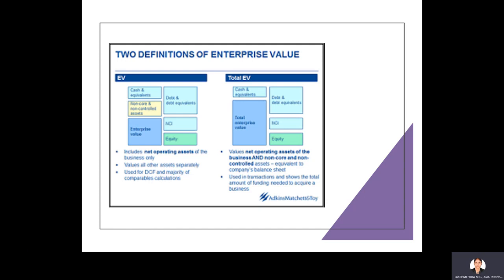And hence, the value of the firm under the three-stage growth model is arrived at by adding the present value of free cash flow during the high growth rate period, the present value of free cash flow during the transition period, and the present value of the terminal value or the present value after the explicit period.